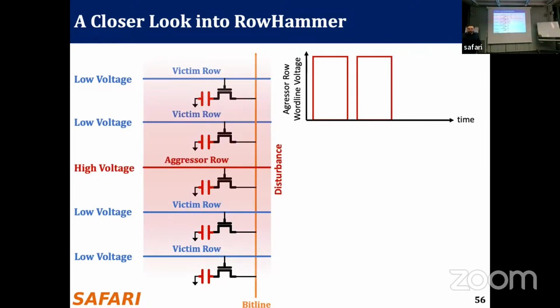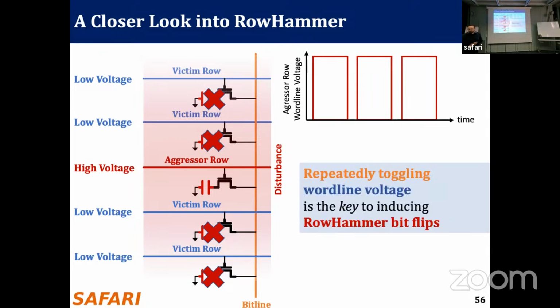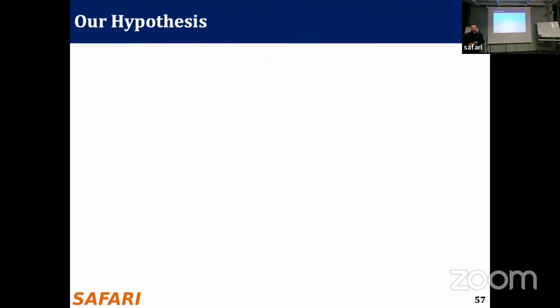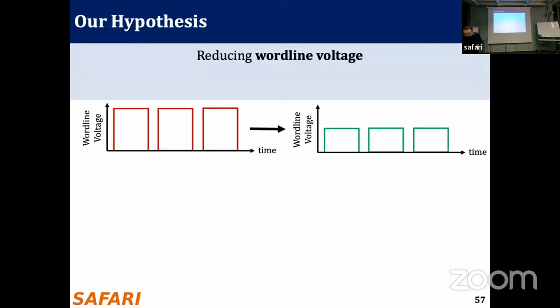Then we activate again, voltage goes up, and then goes low again. And then we observe bit flips in nearby cells. Essentially, what causes these bit flips is repeatedly toggling this wordline voltage. It's key to inducing RowHammer bit flips. But it was not studied before how much the magnitude of this voltage affects the RowHammer vulnerability.